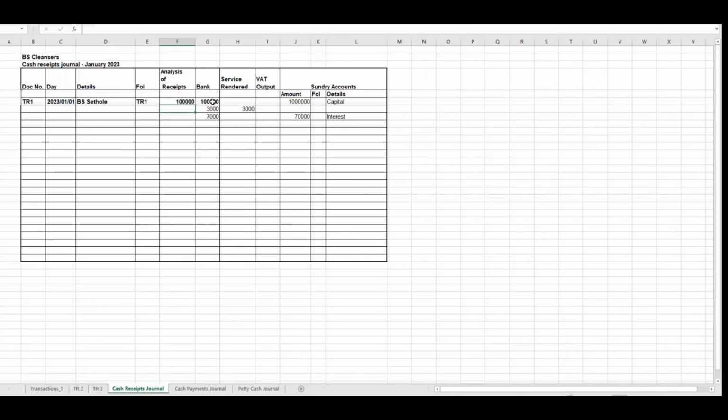What goes to the bank will be the total of all amounts received on that day, because the assumption is that all the money we receive we put in a cash register, and at the end of the day we deposit it in the bank. So we don't bank them one by one. You don't receive money now and run to the bank. You bank the total of what you have received on that particular day. That is trying to mimic the way in which we used to do things in the past.